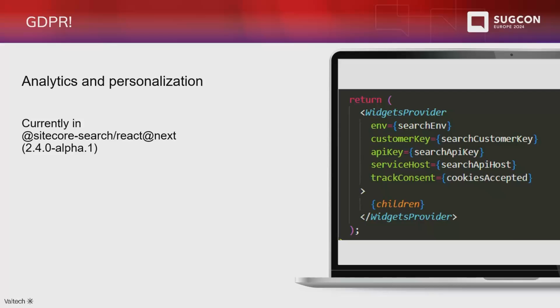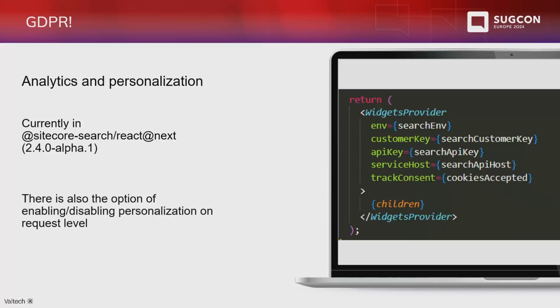So there is an option to say we want to track on analytics level, but not use it for personalization, and hereby maybe we don't need the marketing consent for that, but discuss that with your legal department, right? But the product actually supports that now. Yeah, personalization on a request level.